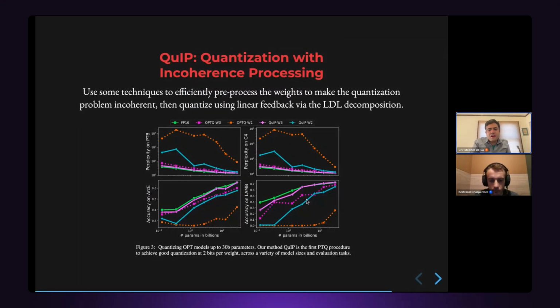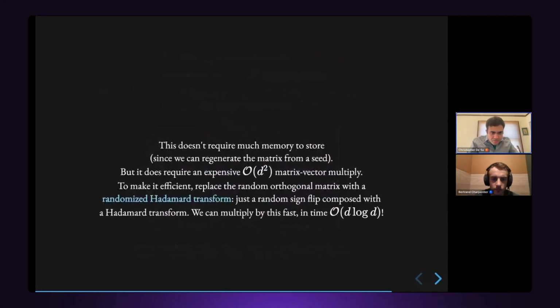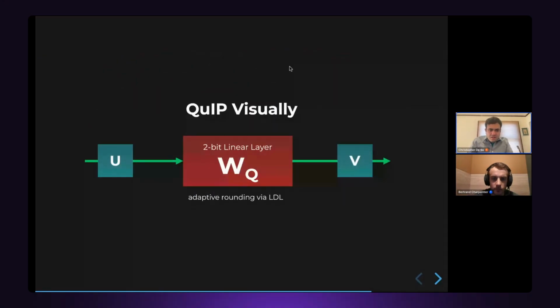The trade-off is that there is some extra compute that you have to effectively hide within the system by running things efficiently. Pull back to this. So here, you're replacing a high bit linear layer with some randomized operation, like a randomized Hadamard transform, then a 2-bit operation and another randomized Hadamard transform.